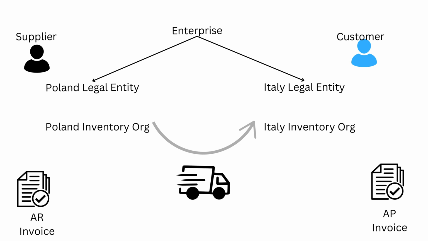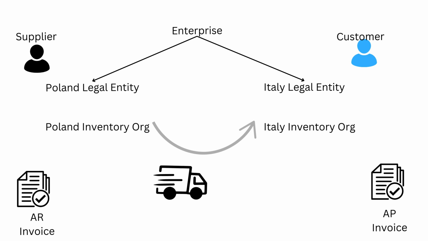They are exchanging the goods. So one becomes your receivable and second becomes your payable. So in this particular example, my Pepco Poland becomes my seller and my Pepco Italy is going to be my buyer.